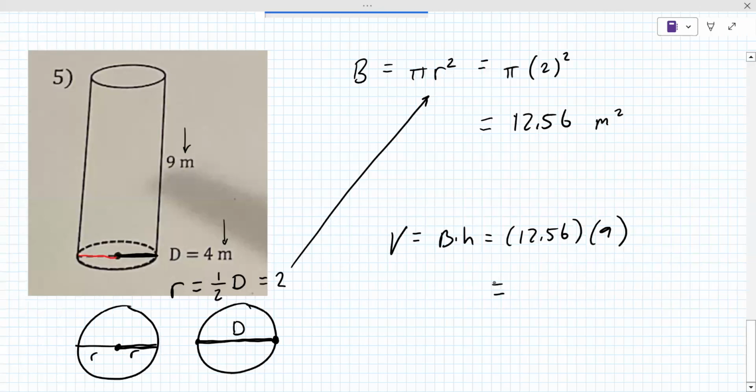And give me the correct units as well, please. 113.04 meters cubed.